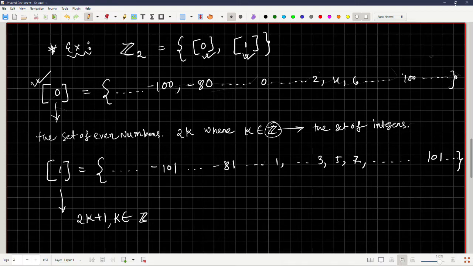Now the reason you put these brackets is to indicate that these are called equivalence classes, and in some sense you can say they are equivalent to each other if you consider the remainder when both of them are divided by 2. In that sense they are equivalent. So these collections, this [0] and [1], are collections of equivalent numbers, and they form a set which is denoted by Z2, and this set will also be called a family of sets.